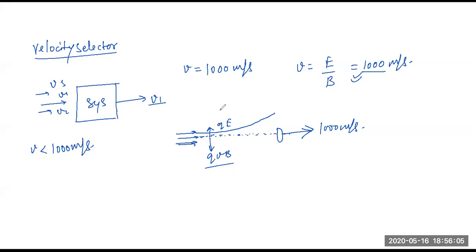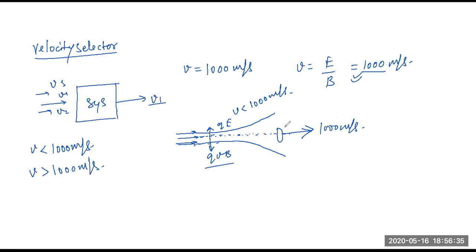Similarly, this is for V less than 1000. Now, if V becomes greater than 1000, qVB will increase and dominate over qE, because earlier they were equal. So the particle will deviate something like this. Yes or no? Yes, sir.